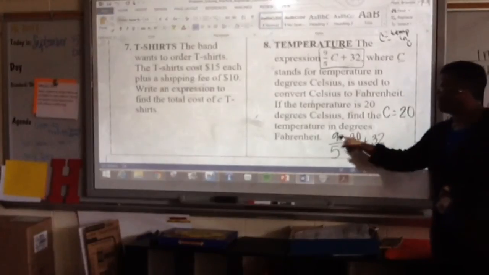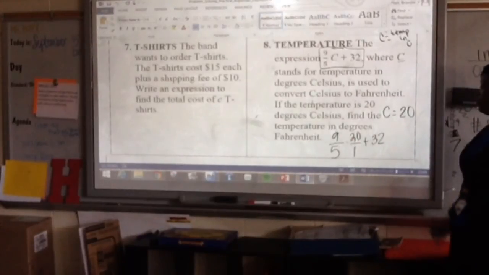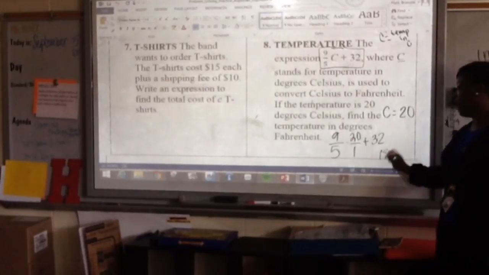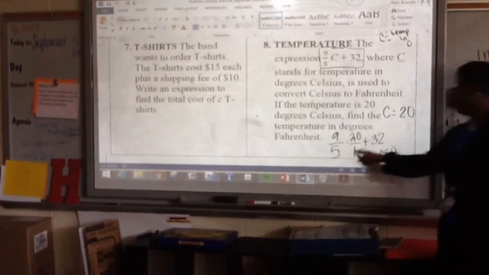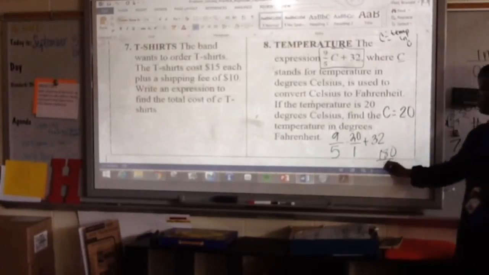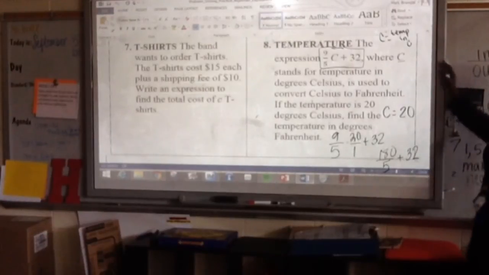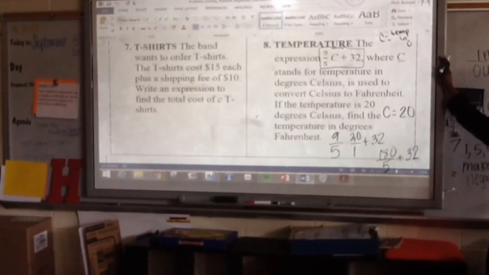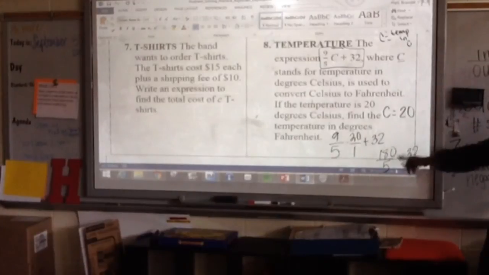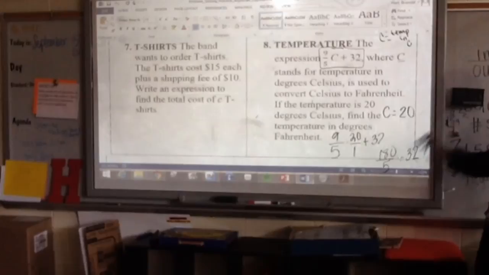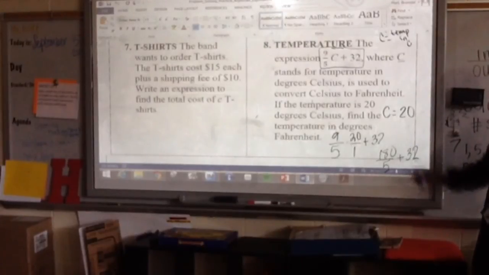Here we go. 9 times 20 is what? 180. 5 times 1 is 5, plus 32. What is this known as? Improper. And what do we do to improper fractions to simplify this? Divide it out.